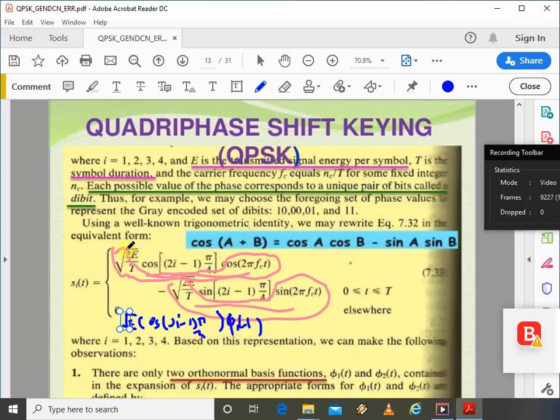What is phi 1 of t? Square root of 2 by T cos 2 pi fc t. Minus, in the bottom side, once you take square root of 2 by T sin 2 pi fc t as phi 2 of t, what is the remainder now here? Minus square root of E into sine of (2i minus 1) pi by 4, multiplied by phi 2 of t. Okay.